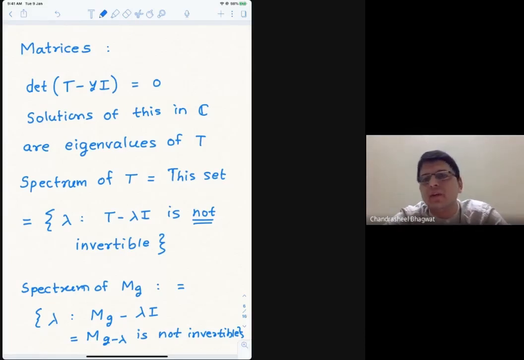SO3 representations are parameterized by odd numbers like 1, 3, 5, 7, and so on. So for each odd number, let's say 5, you are going to get a 5-dimensional space inside the function space on S2, and that's going to give you the eigenvectors for the Laplacian.